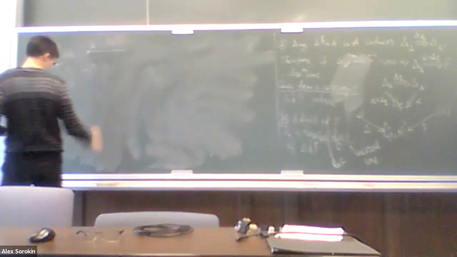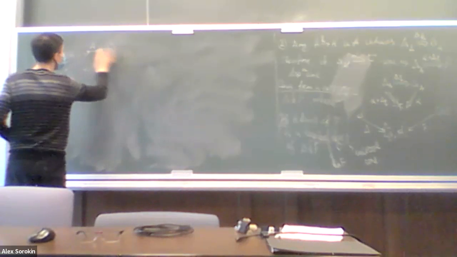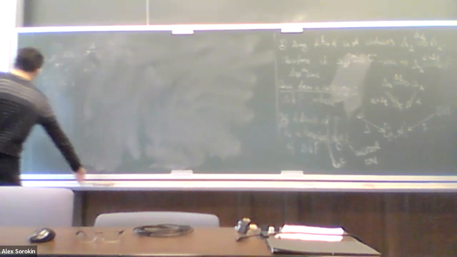Another way to see the same situation comes from representable functors. And this is the most functorial way. So we will say that a limit is an object that represents the cone functor.